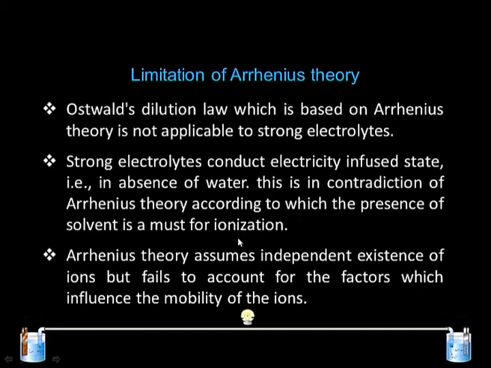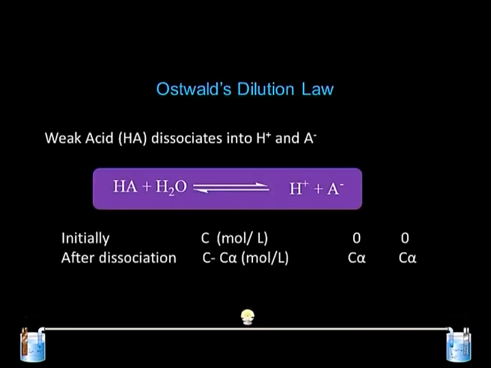There is no explanation by Arrhenius theory. Arrhenius theory assumes independent existence of ions, but fails to account for the factors which influence the mobility of the ions. So, these are a few limitations of Arrhenius theory, mostly related to strong electrolytes, and as we move further we have to look for a theory which can explain the behavior of a weak electrolyte.